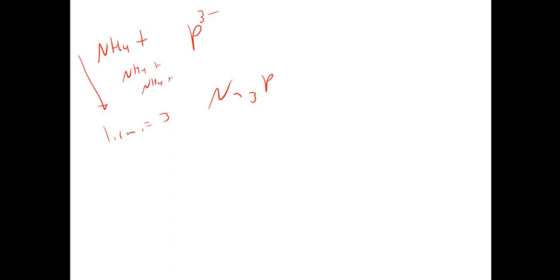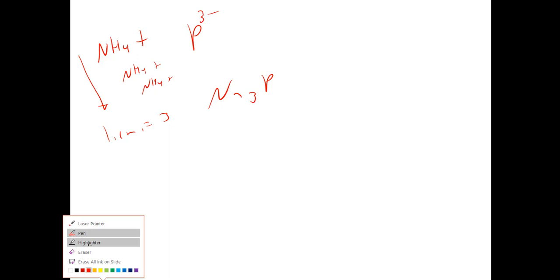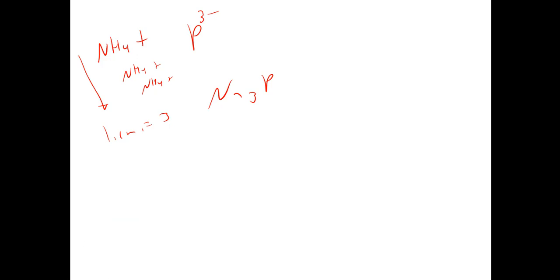Now all I'm going to do is cover up the atoms with a dark highlighter so all you see is the charge. And you know that you need 3 of those positive charges. It doesn't matter what atoms make up that polyatomic portion, you just look at the charge.